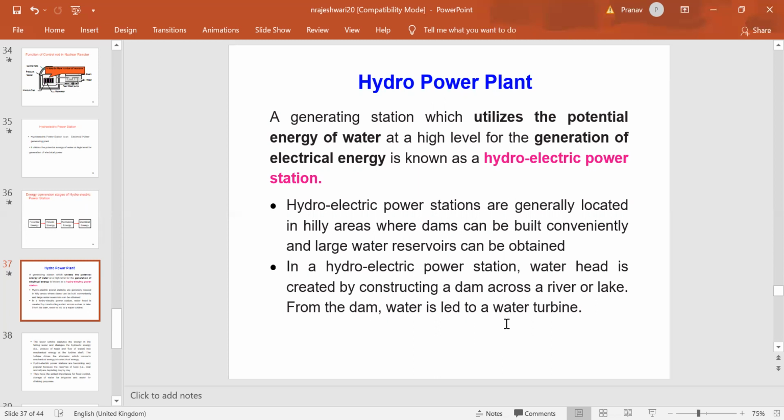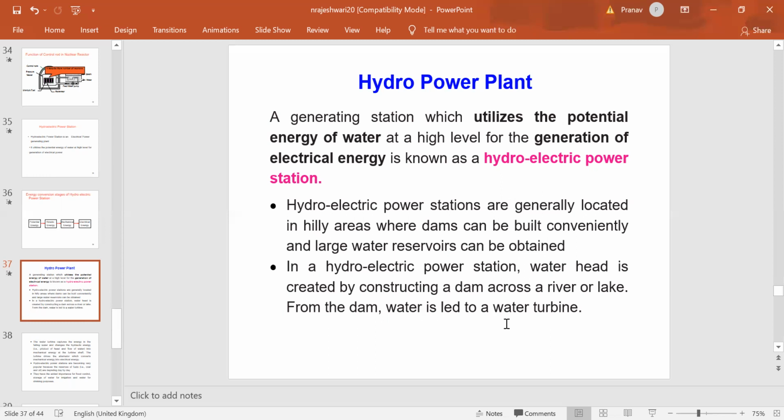This is a generating station which utilizes the potential energy of water from a high level for the generation of electrical energy, and is known as a hydroelectric power station.